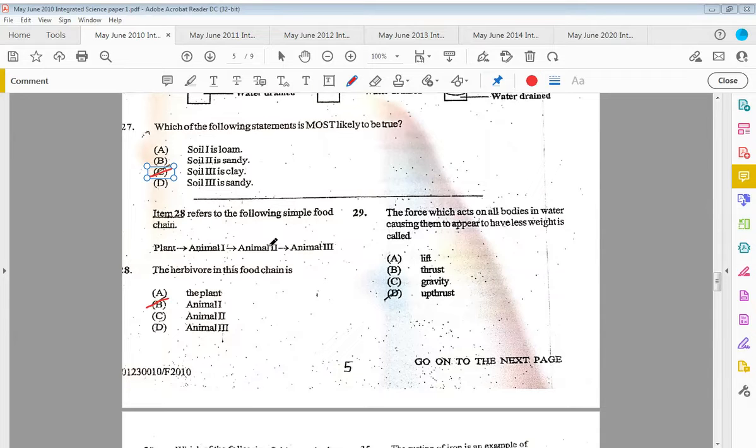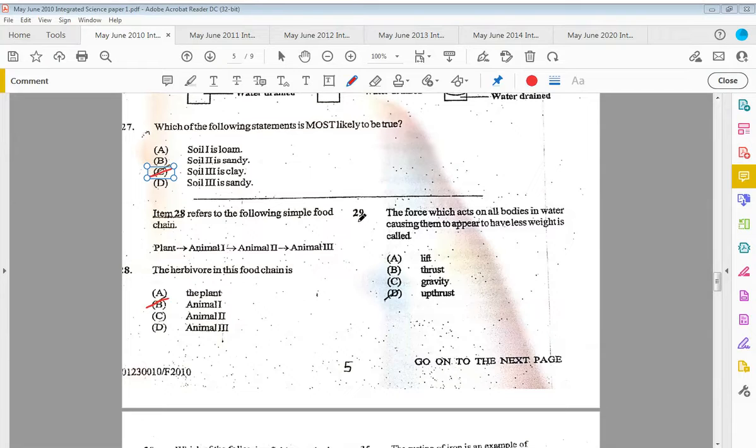Then we have the secondary consumer, the carnivore, and then we have the tertiary consumer here, which will either be a top carnivore or, if we're looking at a food web, the top carnivore might actually be an omnivore instead because it eats both plants and animals, right?